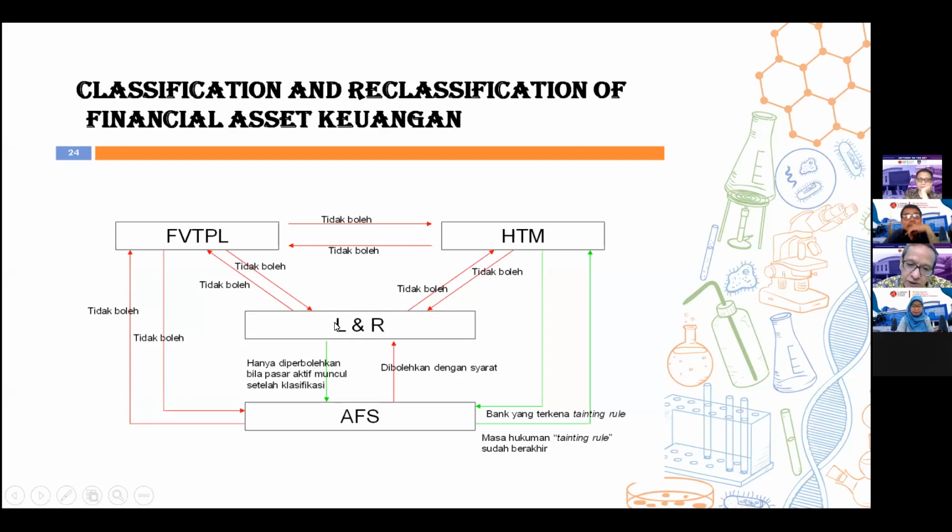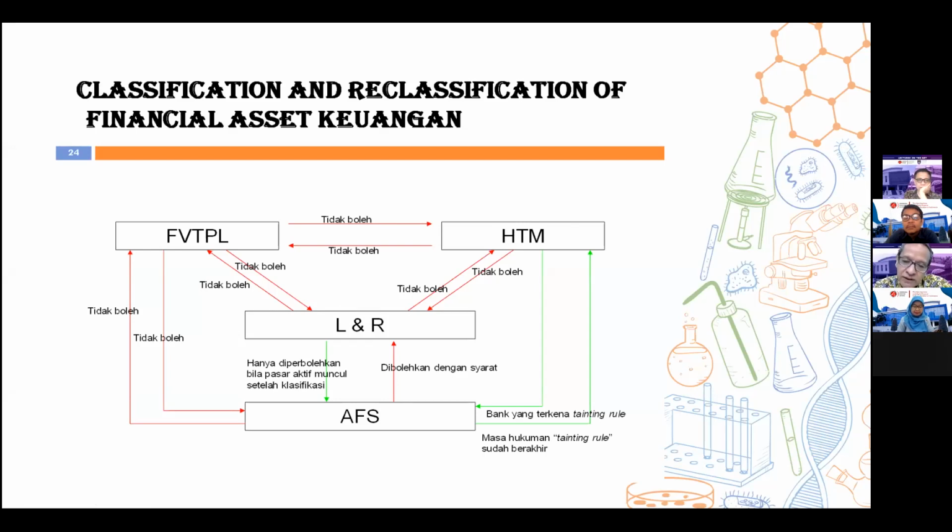What is the difference between loan and receivable and held to maturity? Held to maturity is for long-term investment with a ready market. So if you buy a bond, the bond has a market so that you can sell it anytime.